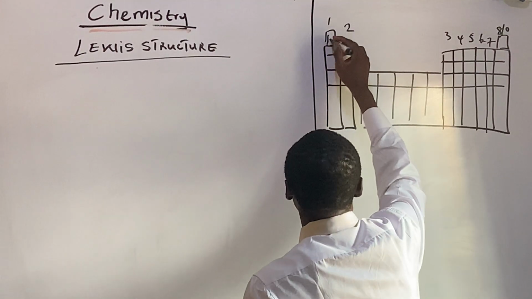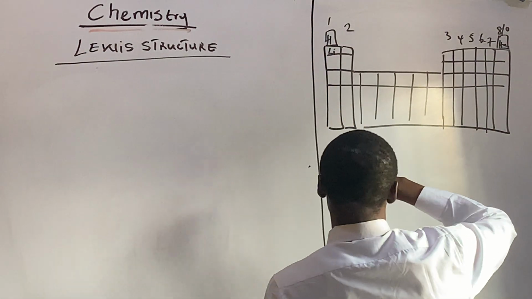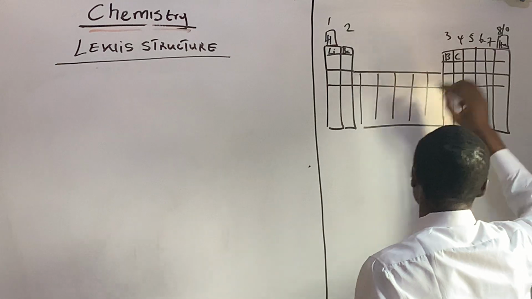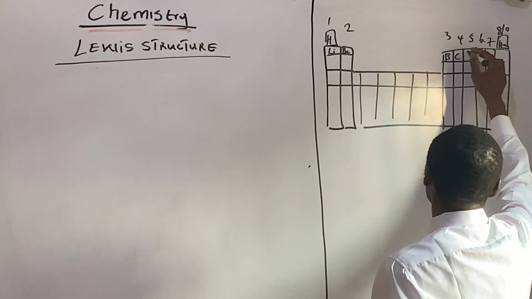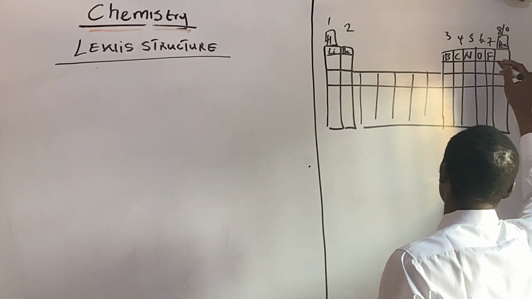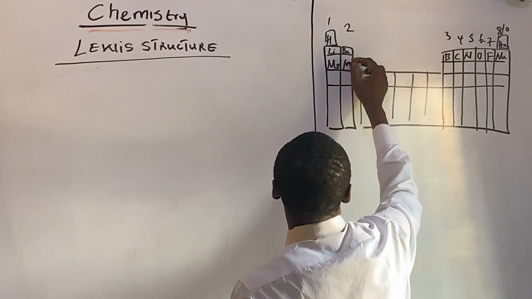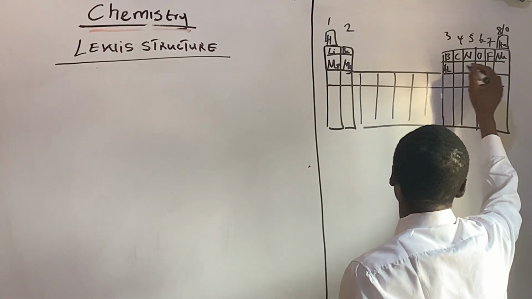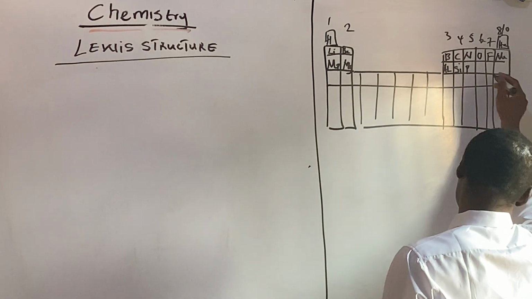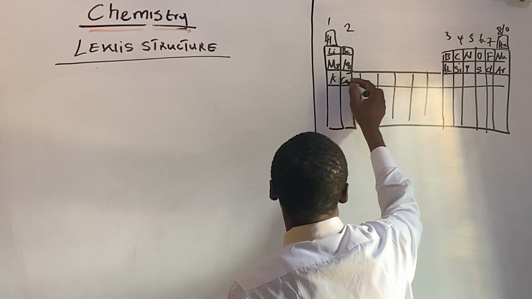So I have H, which is hydrogen, He, which is helium, Li, which is lithium, Be, which is beryllium, B, which is boron, C, which is carbon, N, which is nitrogen, O, which is oxygen, F, which is fluorine, Ne, which is neon, Na, which is sodium, Mg, which is magnesium, Al, which is aluminium, Si, which is silicon, P, which is phosphorus, S, which is sulfur, and then we have chlorine, argon, potassium, and calcium.